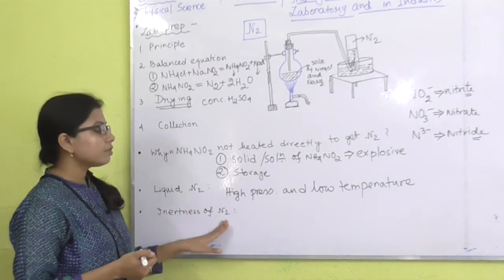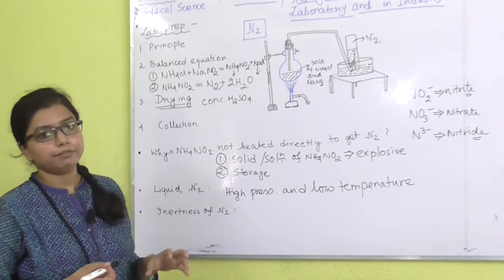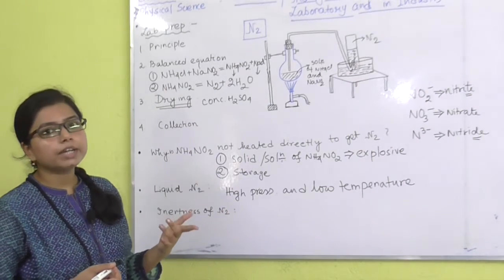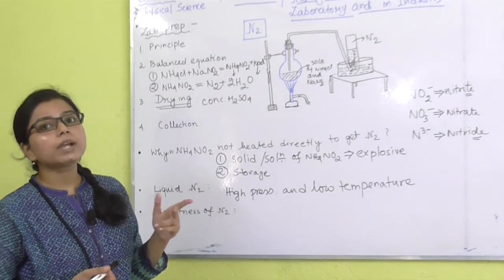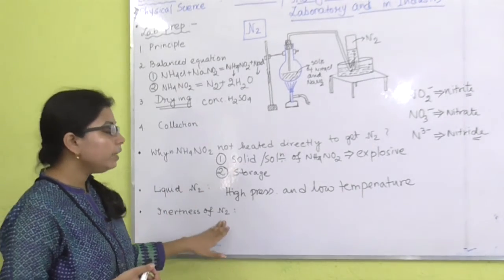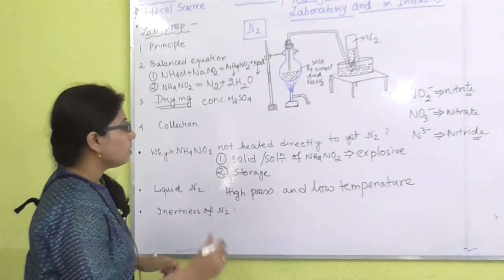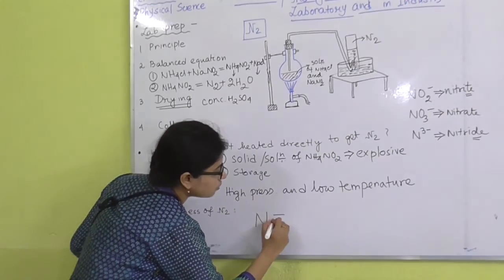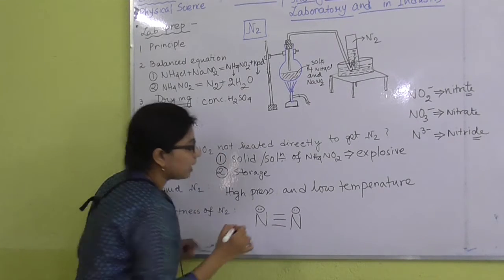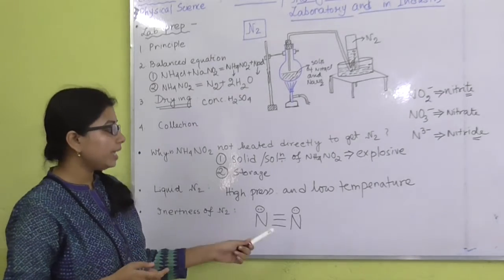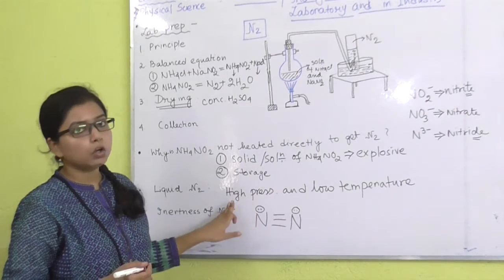Next thing is inertness of nitrogen. It means that nitrogen is not so reactive. We already read about H2S or NH3, and we have seen that these 2 gases are very much reactive, but N2 is less reactive than NH3 or H2S, because we already know the structure of the nitrogen molecule. 2 nitrogen atoms are attached by 3 bonds, and both nitrogen atoms contain 1 lone pair.